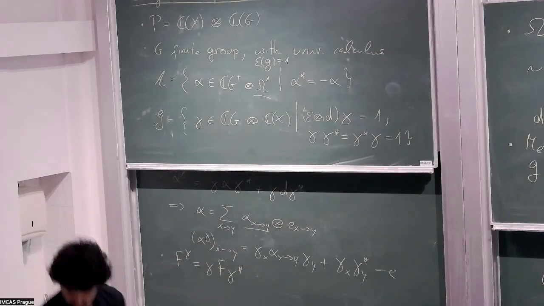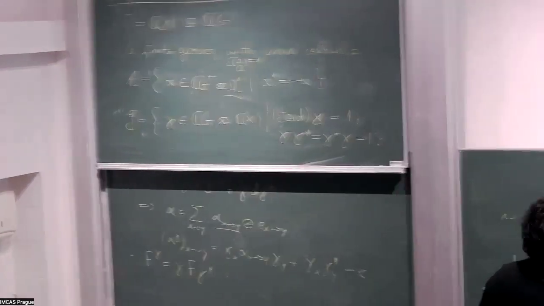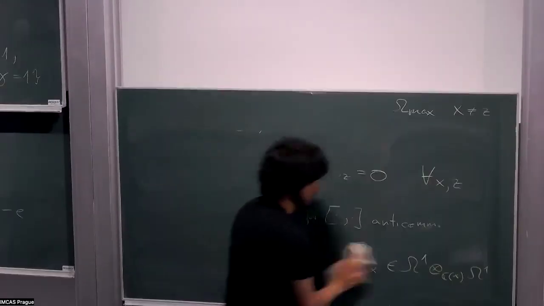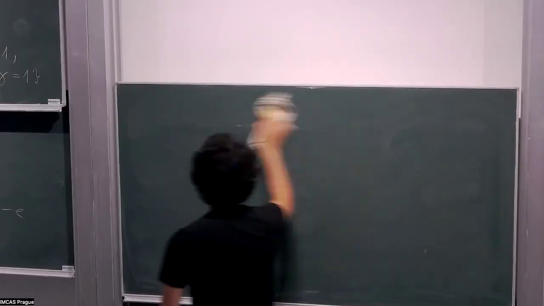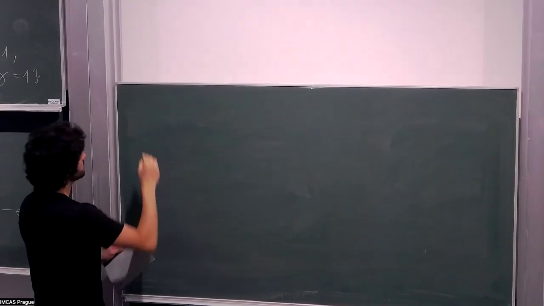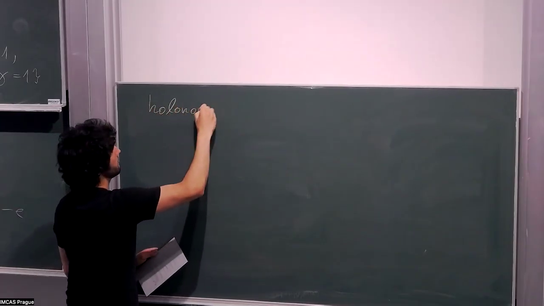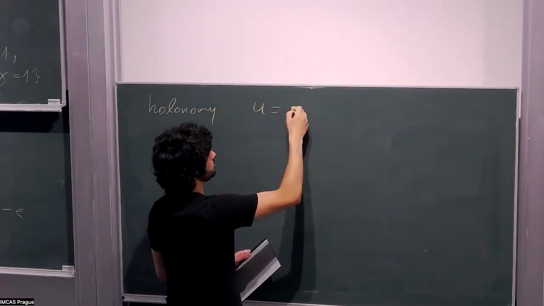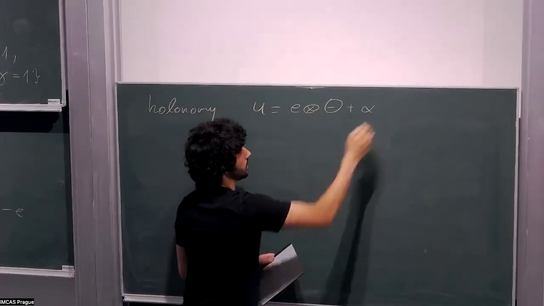In this case, we can also define the holonomies. So for the holonomy, if you remember, the holonomy was just the integral of some exponential. And the idea here on graphs is to just take this up to first order. So we define this as U being equal to e tensor theta plus alpha.